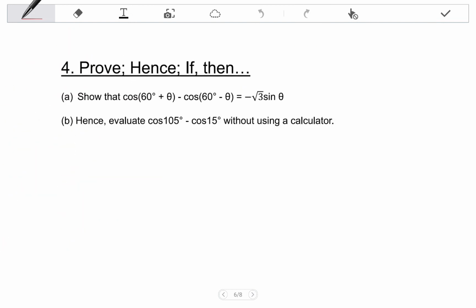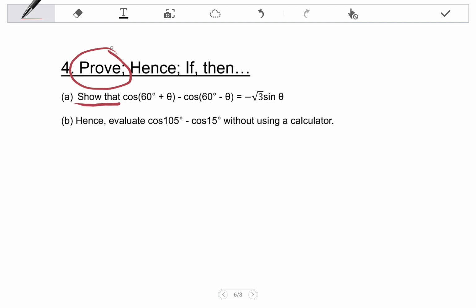Right. We get to the slightly more complex type questions. Okay, so just a note, if you have a prove or show that question, so show that is the same as a prove question.